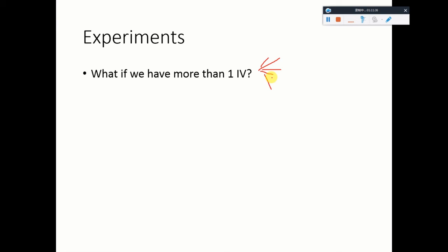But now the question is, what if we have more than one factor? We have multiple independent variables, and from each independent variable, we can create multiple conditions. How do we analyze experiments like that? Multiple IVs, multiple conditions under each IV. What do we do with those experiments?